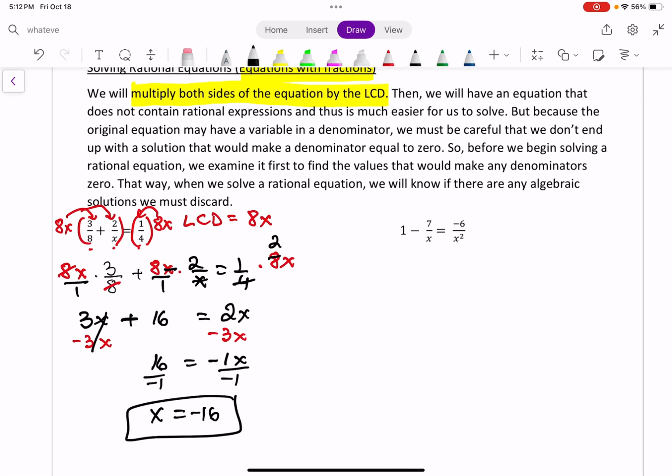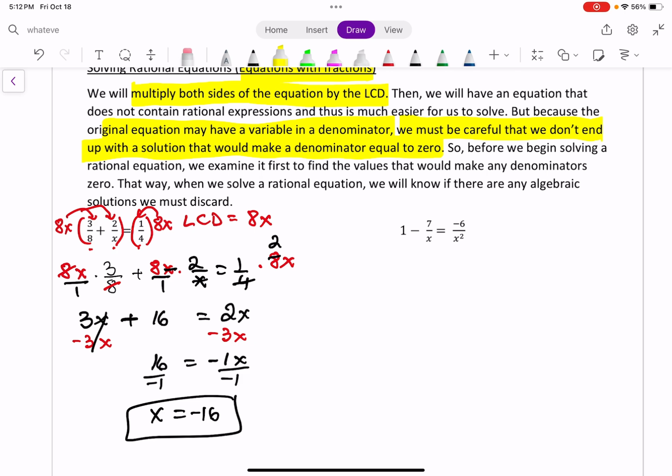Now there is also something to be careful about, which we're going to come across later. Because the original equation may have variables in the denominator, remember, you are never allowed to divide by 0. So we must be careful that we don't end up with a solution that would make a denominator equal to 0. So before we even begin solving a rational equation, the textbook says we examine it first to find the values that would make any denominator equal to 0.